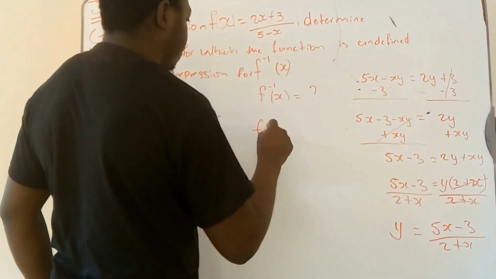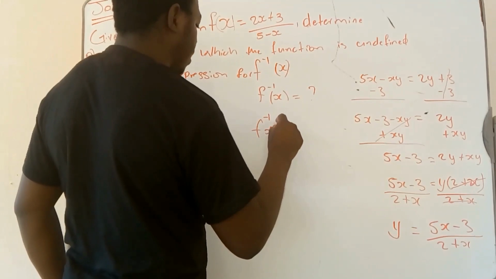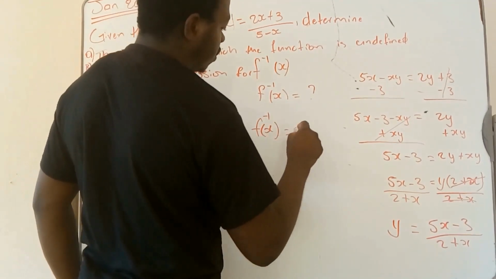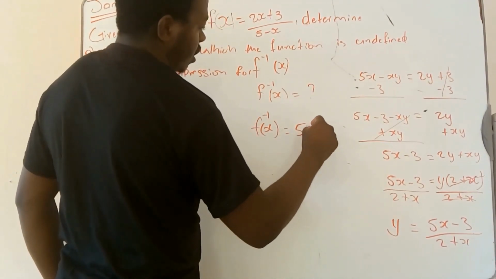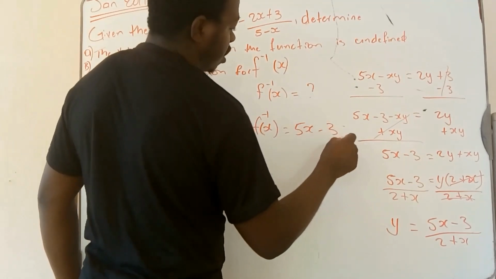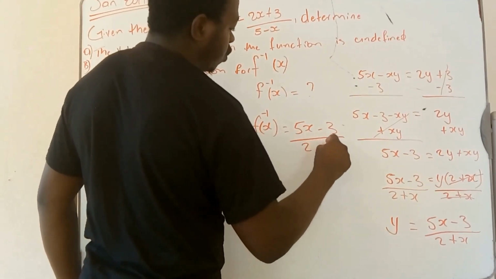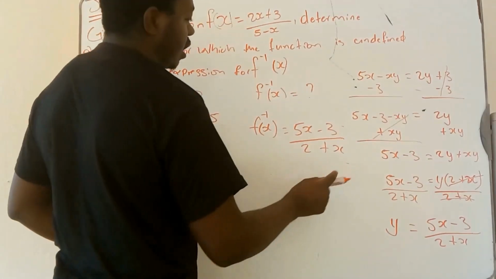Therefore, f inverse of x is equal to 5x minus 3, all divided by 2 plus x.